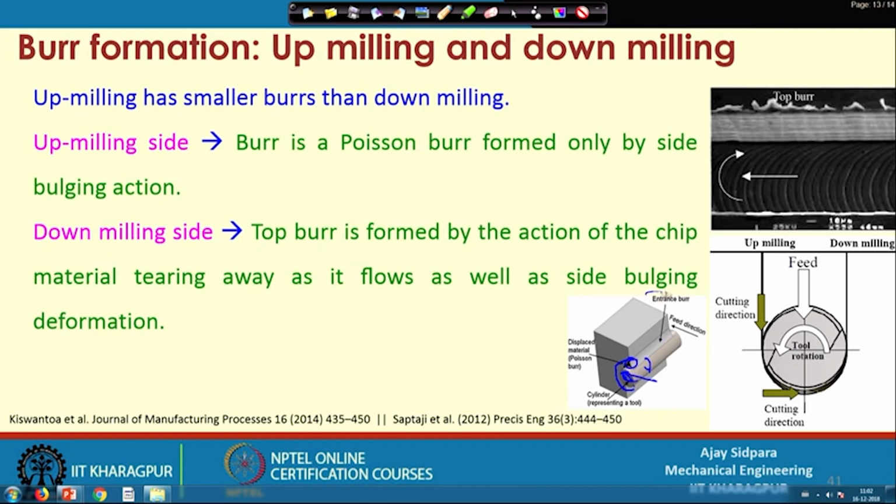That is called the entrance burr in this location, and this cylinder represents the cutting tool. Here, whatever material is removed from this location will be accumulated onto this particular side, and because of that you end up with some type of poisson burr.